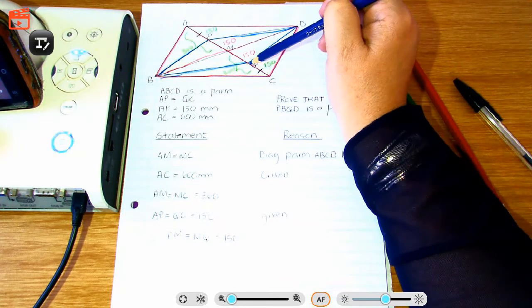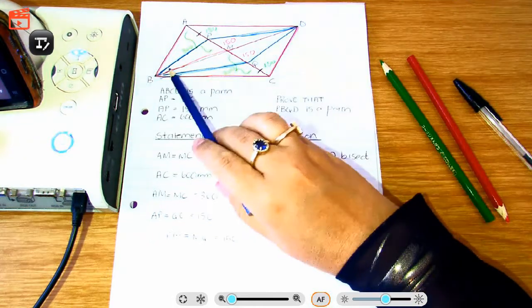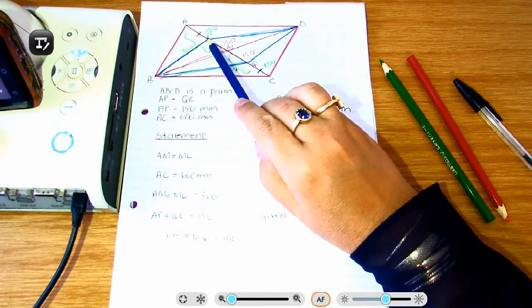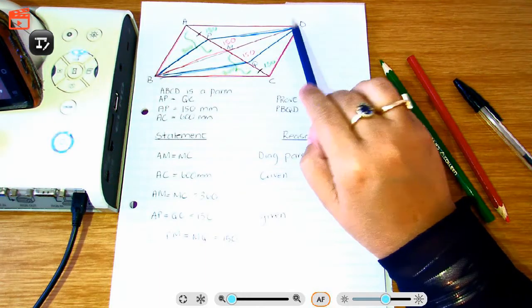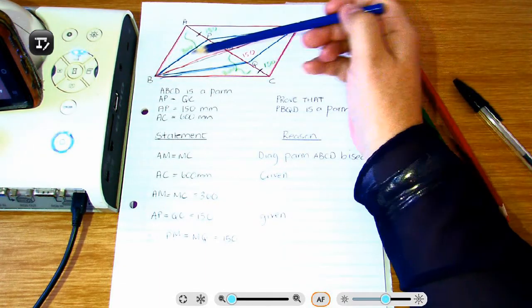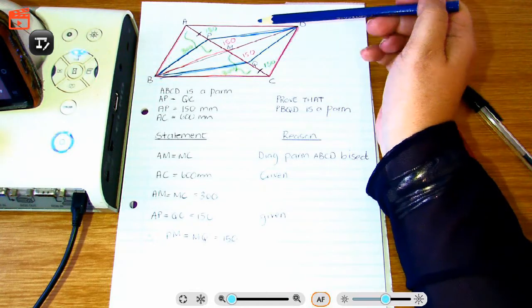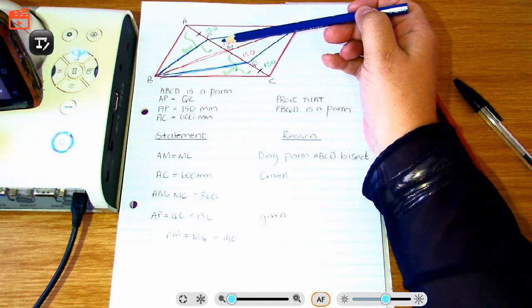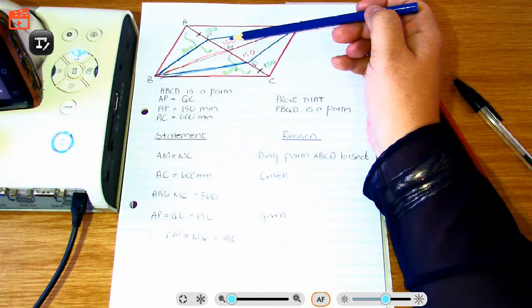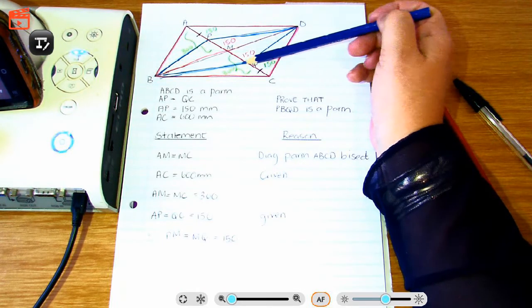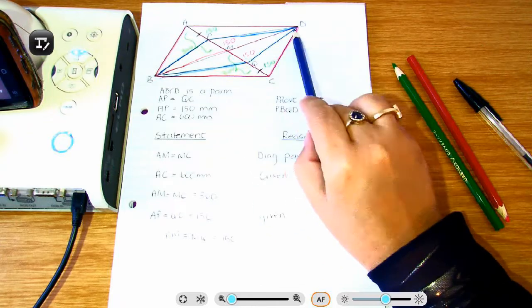So what you can see is that the diagonals of parallelogram PBQD bisect each other, which means they cut each other in half, so that each side would be equal. So that is equal to that, and this is equal to that.